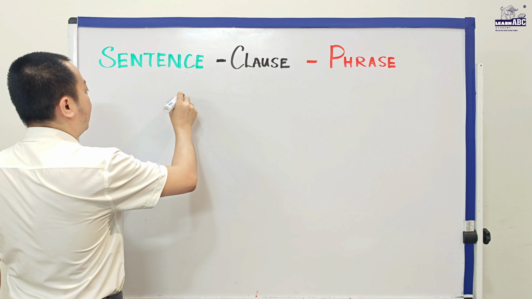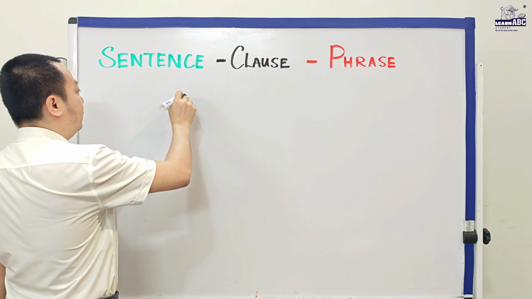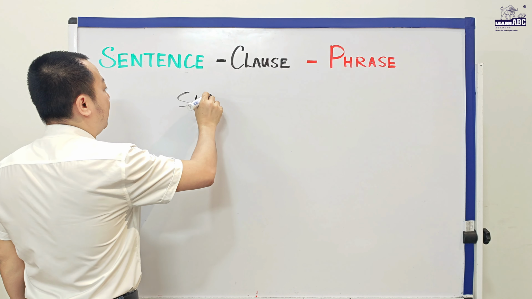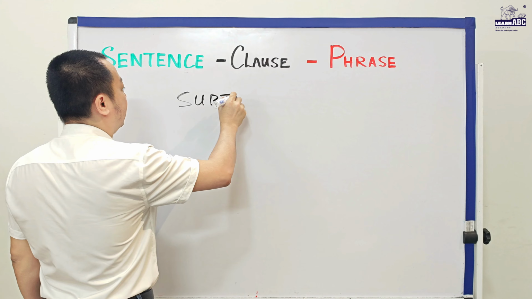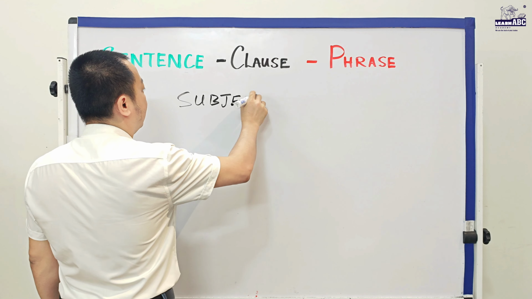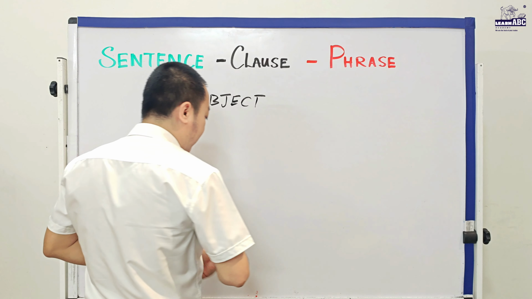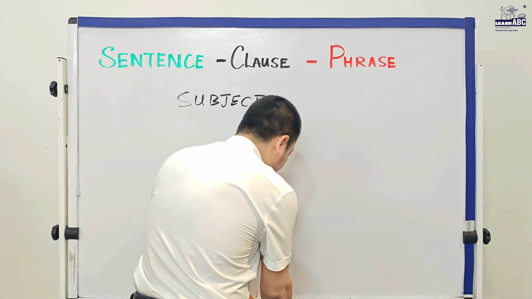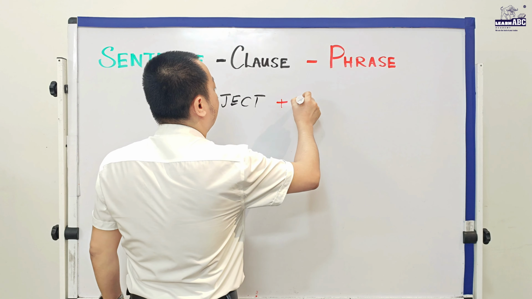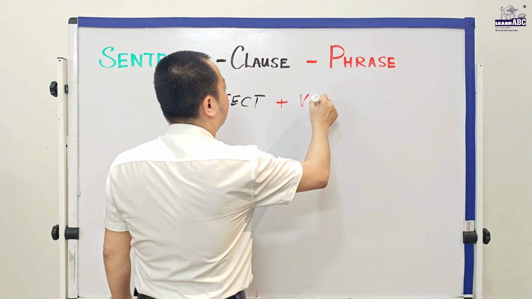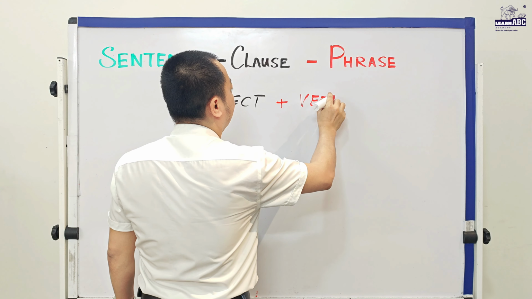This is the simple sentence. A simple sentence has these components. The first component is a subject. The second component is a verb.